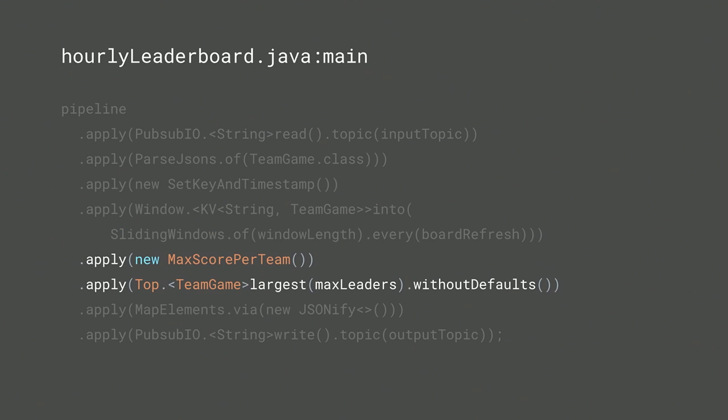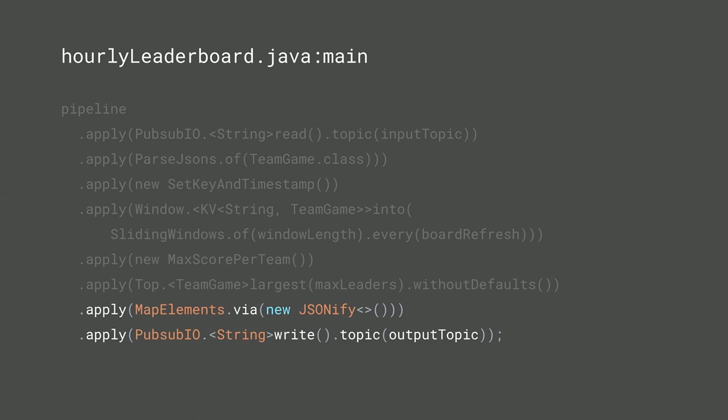Then we're going to deal with actually finding what the maximum score for that team was in that past hour. If they played 5 games, we really only care about the one game where they got their best score. Then we select the top 10 of those users or those games out of that big long list that we have. That without defaults there at the end is just saying that we're fine if we didn't have any games played in that hour, just give us an empty list at that point.